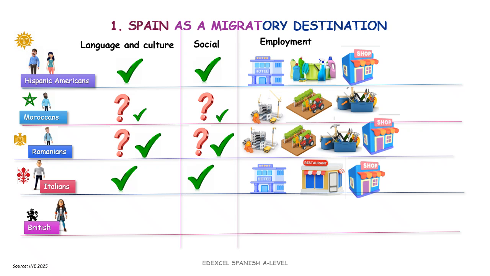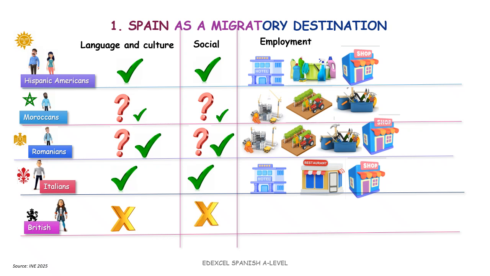And finally, let's talk about British immigrants. In terms of language and culture, many do not learn Spanish, which creates a much bigger language barrier. Because of this, many live in areas with a high concentration of foreigners and often don't move beyond those communities.